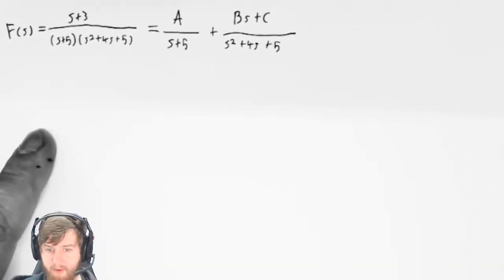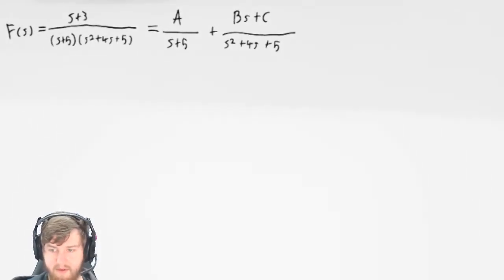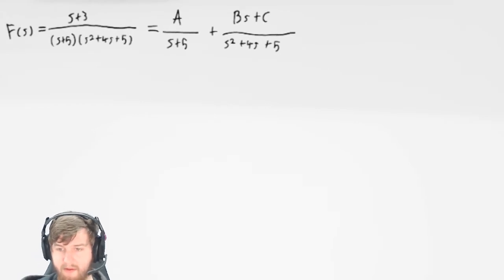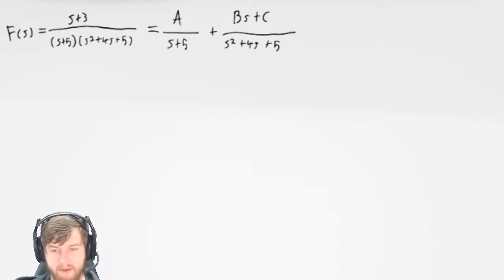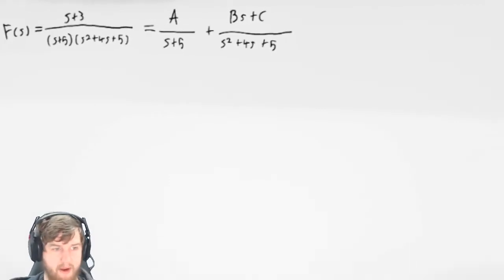Okay, so we've done this before in class using the same form. That's because we know if it has complex roots, we usually end up with a trigonometric function. And so Bs + C matches one of those on our Laplace transform table, as you'll see here in a minute.